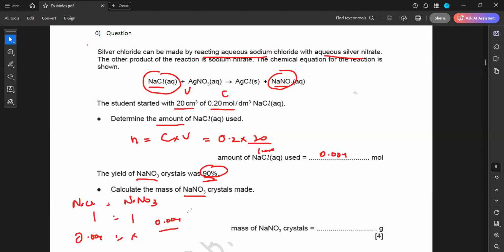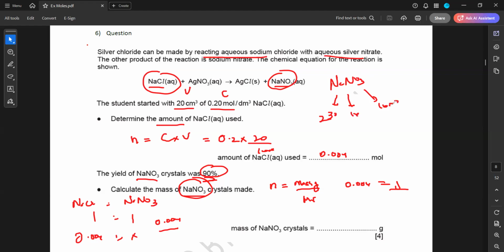After getting the moles, we'll find what mass we will get. So we have the formula moles equal mass in gram divided by the molar mass. So moles are 0.004, mass in gram we don't know. And what about the molar mass of sodium nitrate? Sodium is 23, nitrogen is 14, and oxygen is 16 multiplied by 3.